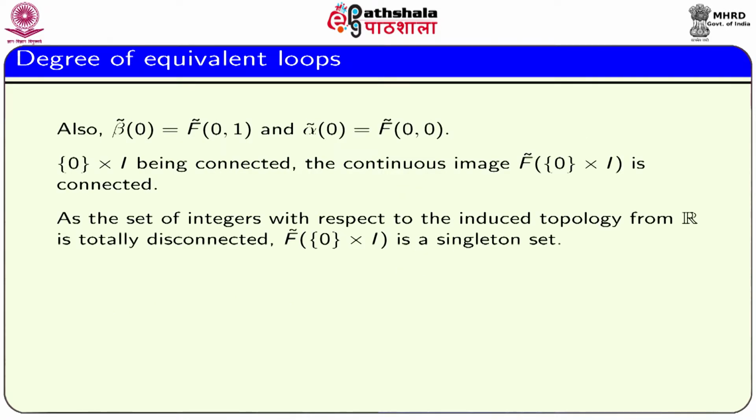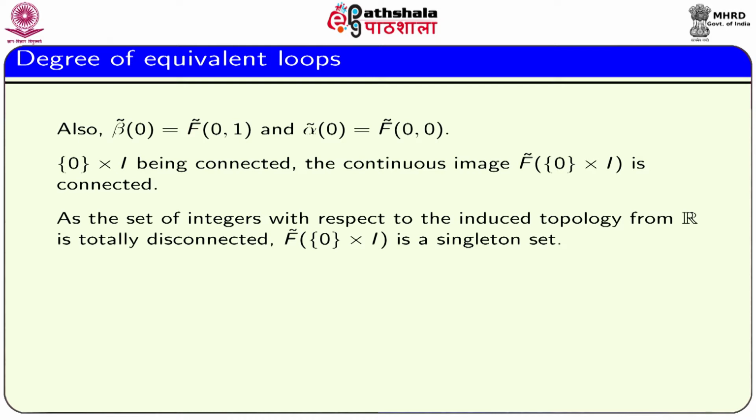Also, beta tilde 0 is f tilde (0, 1) and alpha tilde 0 is f tilde (0, 0). Now, we know that I, the closed interval 0, 1, is connected, and a singleton set is of course connected.